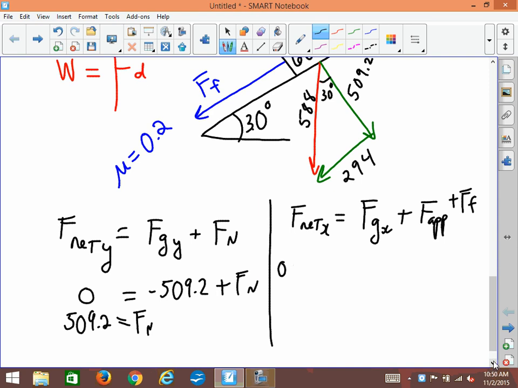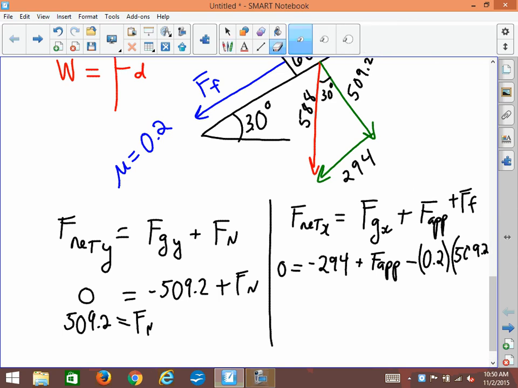So we're going to have 0 equals 294 to the leftish, an applied force to the right that we're trying to figure out, and a frictional force working against us of 0.2, mu times FN, 509.2.